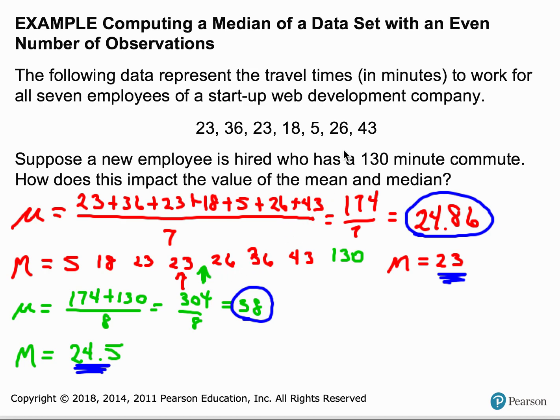If this person had a 240-minute commute, right, it's going to really affect this, but it won't affect this any more than a 130-minute commute. So, in other words, the mean is sensitive to extreme values while the median is not.